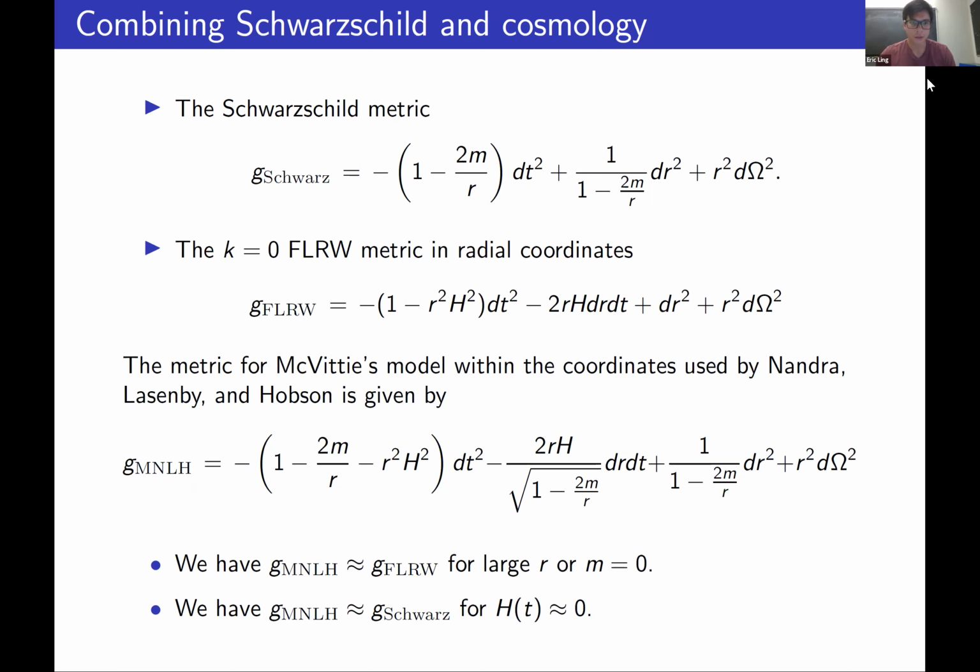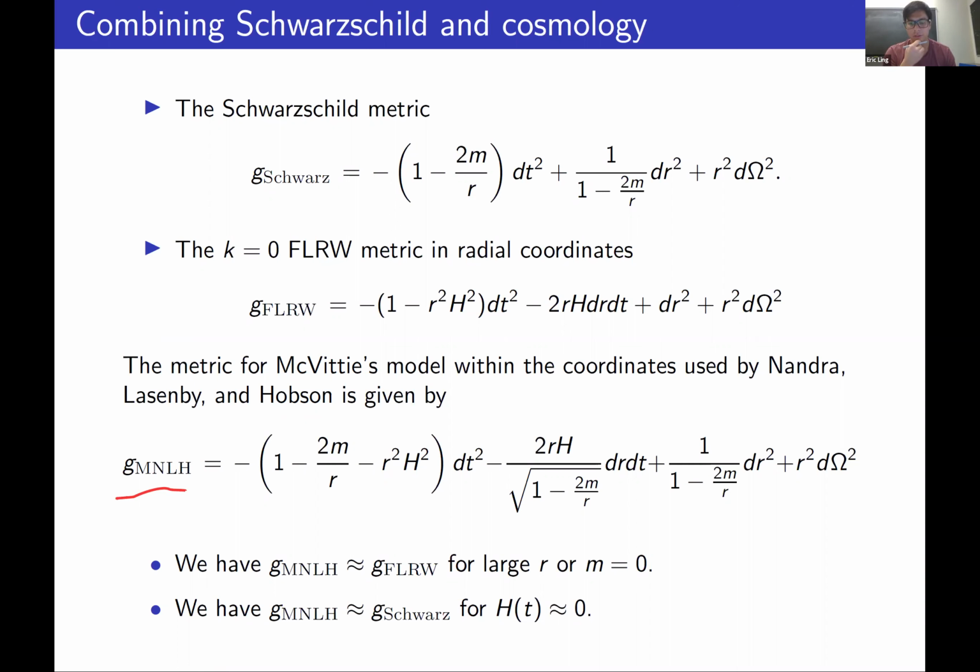Here is the Schwarzschild metric and the k equals 0 FLRW metric. And so now let me say what the metric of the McVittie model looks like in the coordinates used by Nandra, Lasenby, and Hobson, down here, right? I'm using their initials G, M, and LH to describe this metric. One should see very quickly that you get these limits that we want.